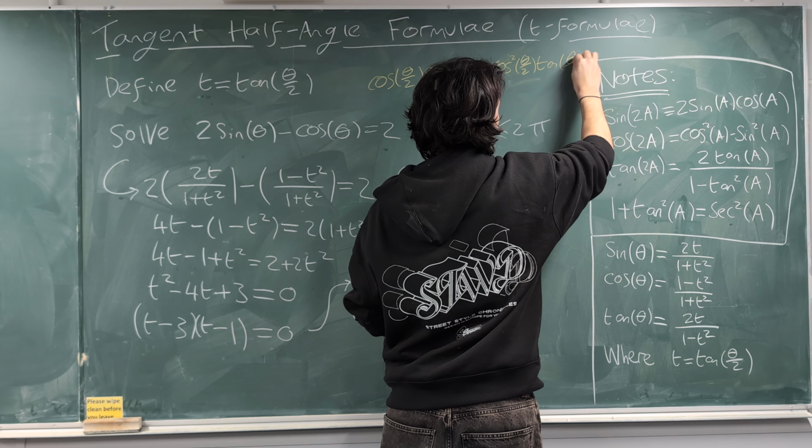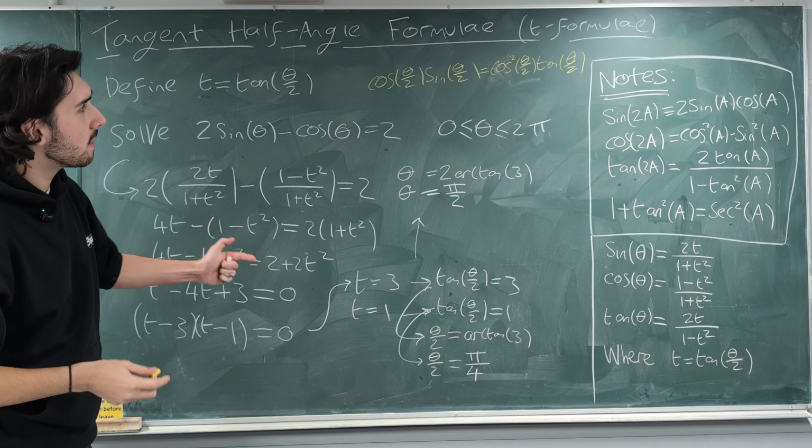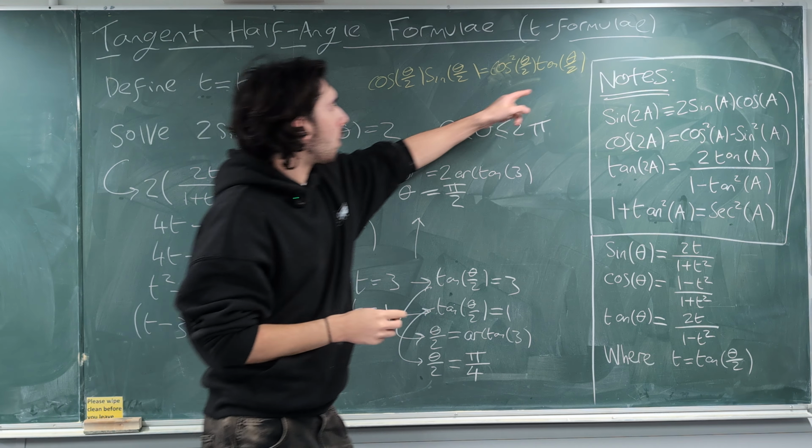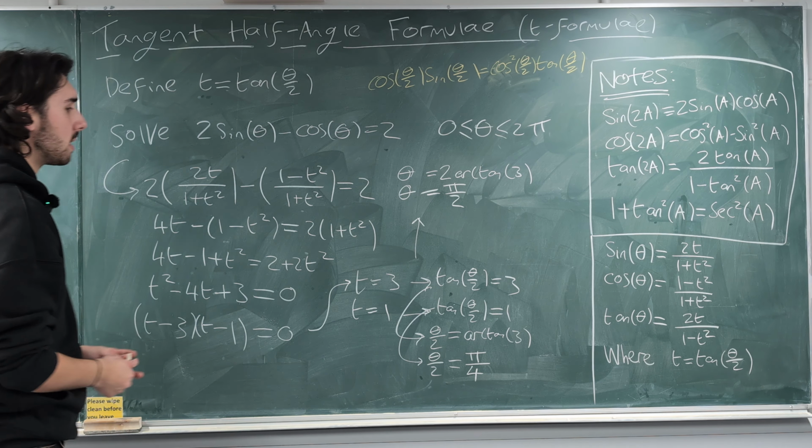There was a step when we did this. Now, we're dividing both sides by cos theta and then timesing by it again. And so we do have to be careful.